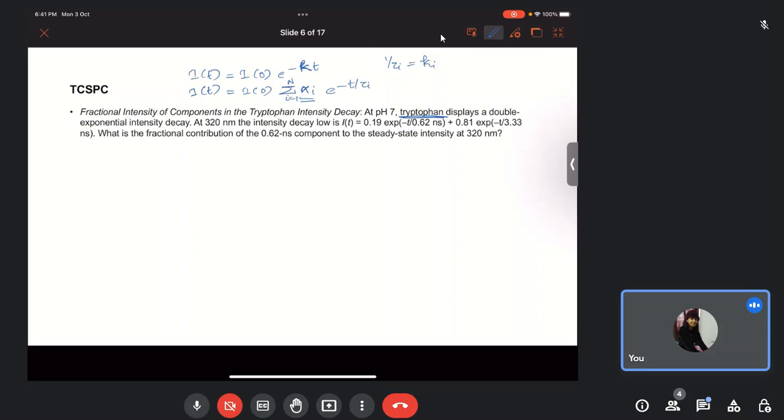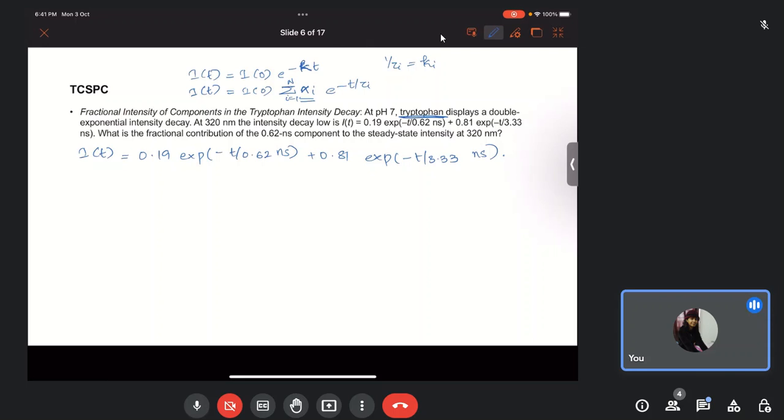So if you look at the double exponential decay that the tryptophan displays, it follows I of t is equal to 0.19 exp minus t by 0.62 ns plus 0.81 exp minus t by 3.33 ns, where t is in nanoseconds.